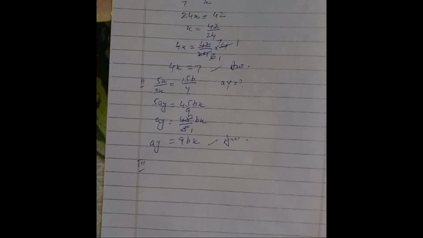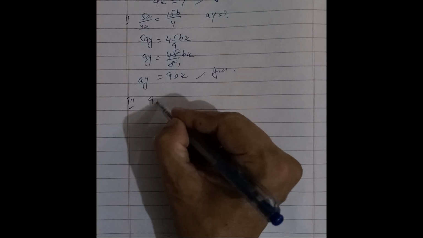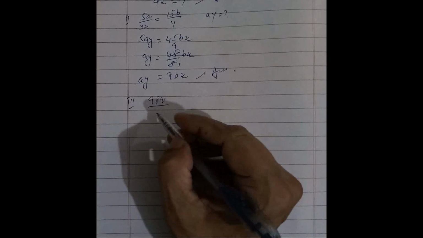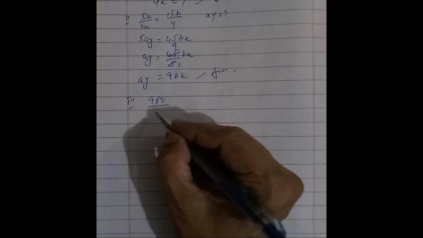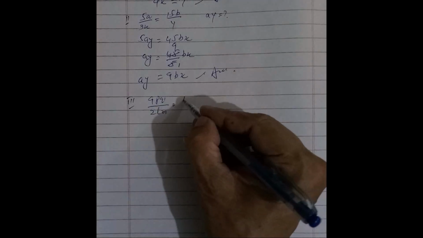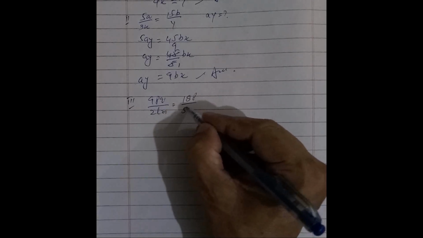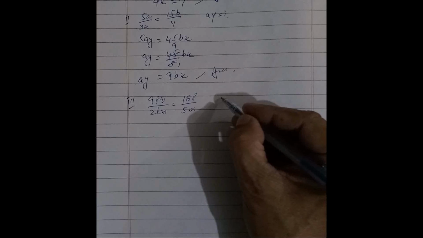And part 3 is 9pq over 2lm is equal to 18p over 5m, and we find the value of 5q.